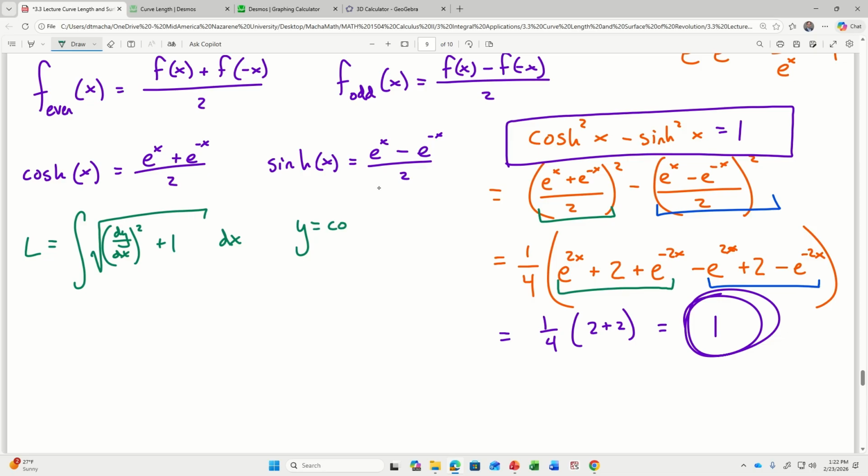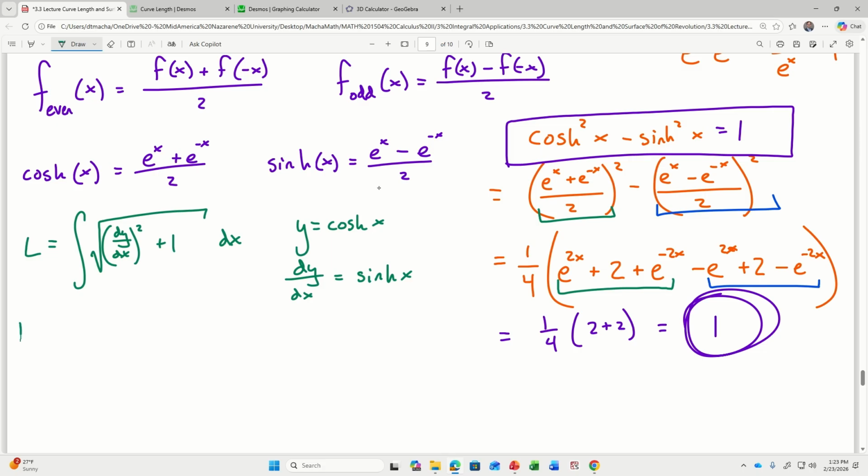And y is cosine hyperbolic. Do you remember the derivative of cosine hyperbolic? It's sine hyperbolic, not a negative, just a positive sine hyperbolic. It just flips back and forth between sine and cosine. It's not on a 4 cycle like the originals; it's on a 2 cycle.